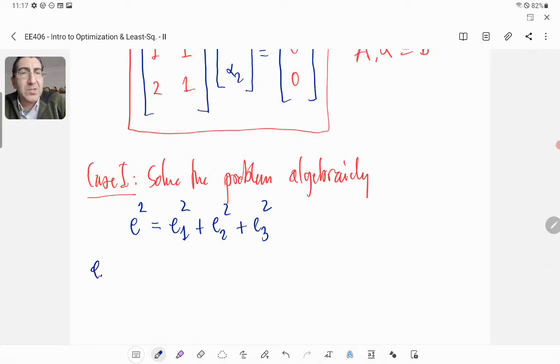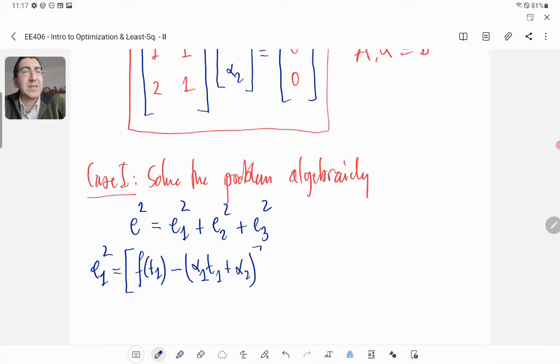E1 squared is, remember, the function's value at T1 minus what the parametric form tells us. The linear form, the line equation, tells us that it has to be alpha 1 T1 plus alpha 2. So that's the difference between them. That's our error.